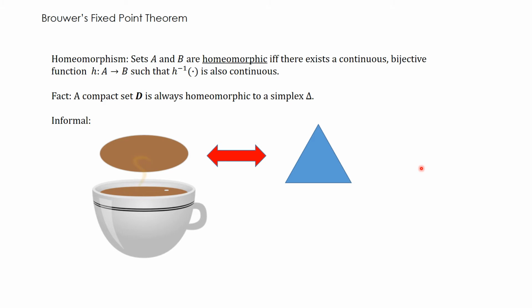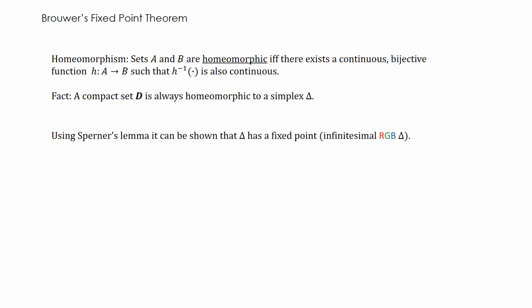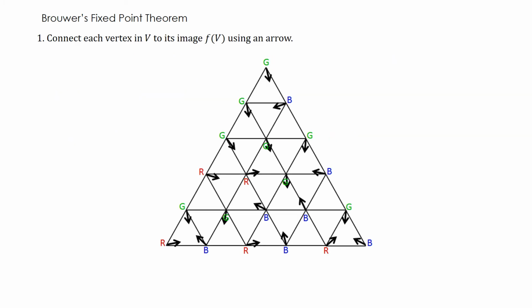Remember the triangle from Sperner's lemma. Using Sperner's lemma, it can be shown that delta has a fixed point. Now, instead of stirring the coffee, we will assume that we stirred this triangle because our surface was homeomorphic to this triangle.